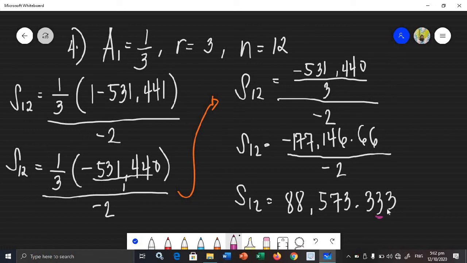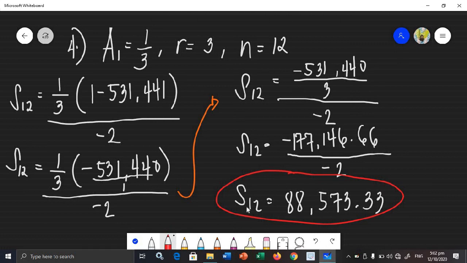Yung katabi nitong hundredths, 3, so round down. Mawawala yung iba. So, 0.33 lang. So, therefore, the sum of the first 12 terms of the given geometric sequence is 88,573.33.